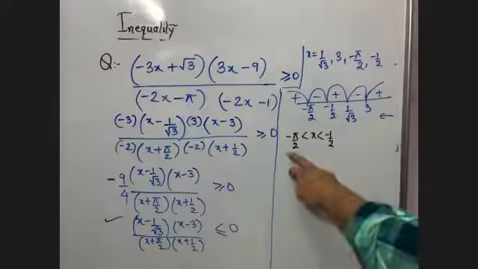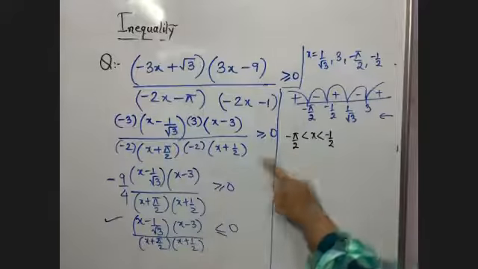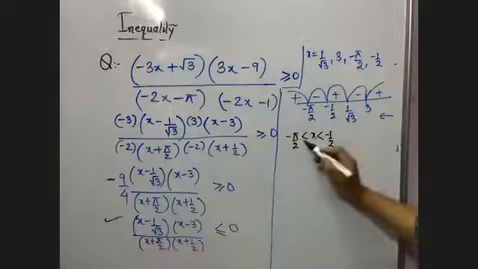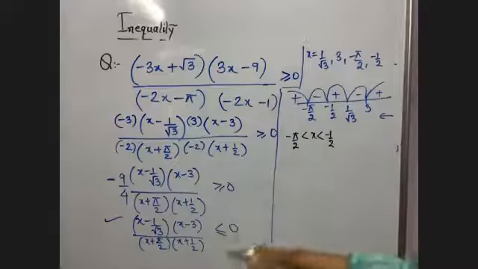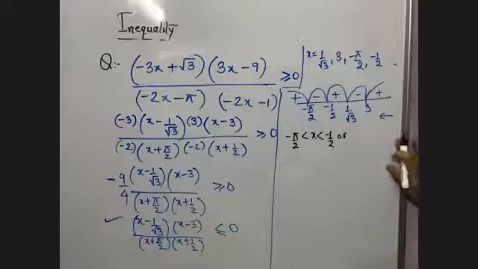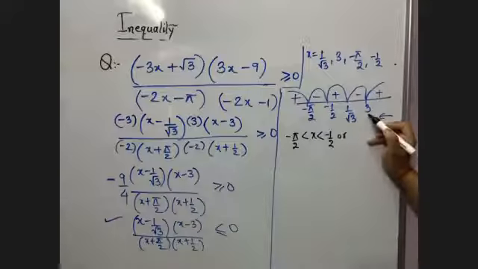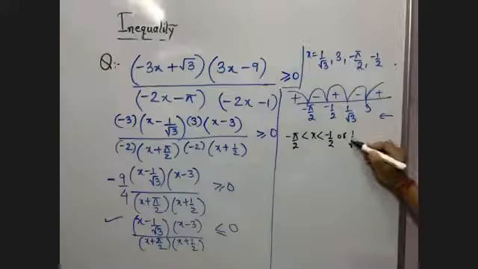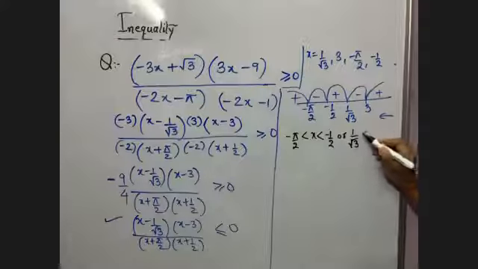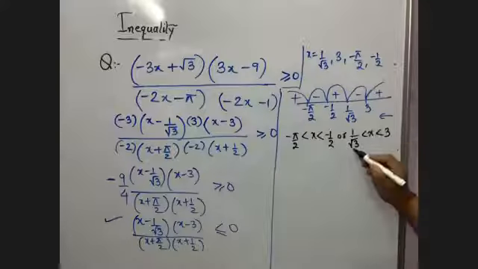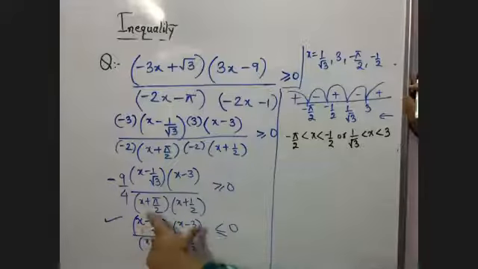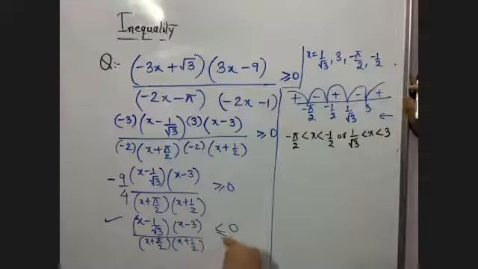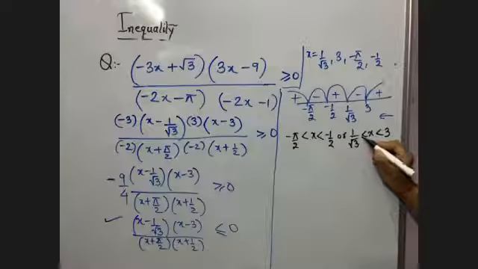Now tell me, do we want minus pi by 2? It is in the denominator, so excluded. Do we want minus half? Denominator, it is excluded. Now 1 by root 3 to 3. Do you want 1 by root 3? It is in the numerator. It will make everything 0 and we want 0, so it is in my answer.